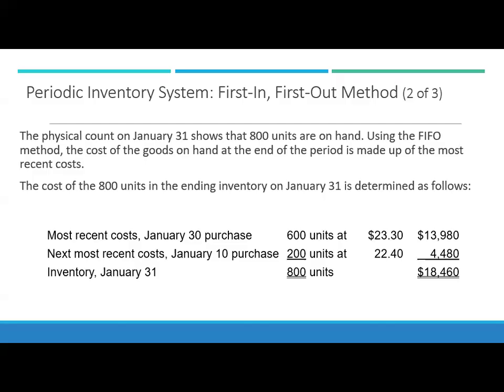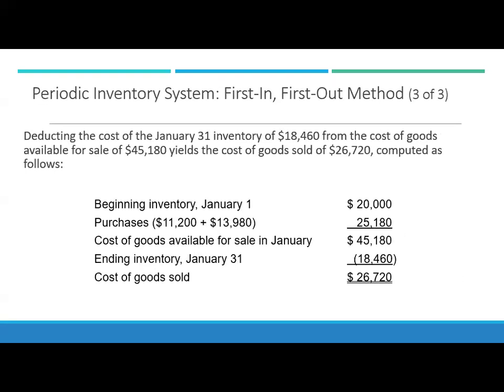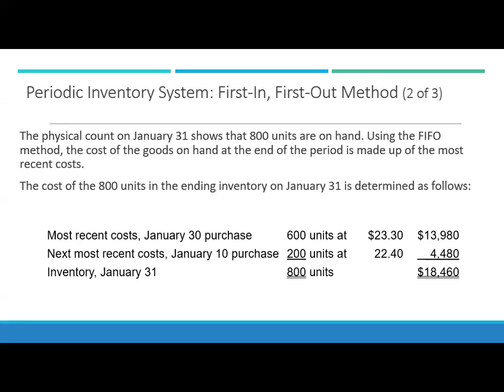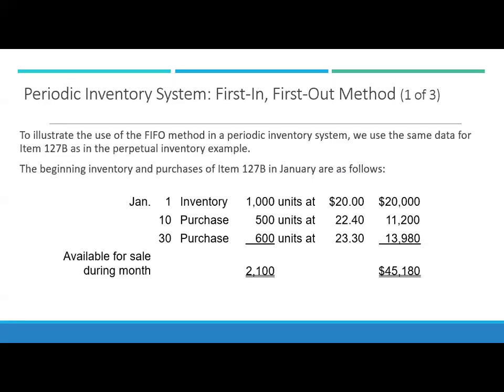We have 600 times $23.30 plus 200 times $22.40, and we get an ending inventory of $18,460. Then we can compute cost of goods sold by subtracting 45,180 minus 18,460. We get $26,720.